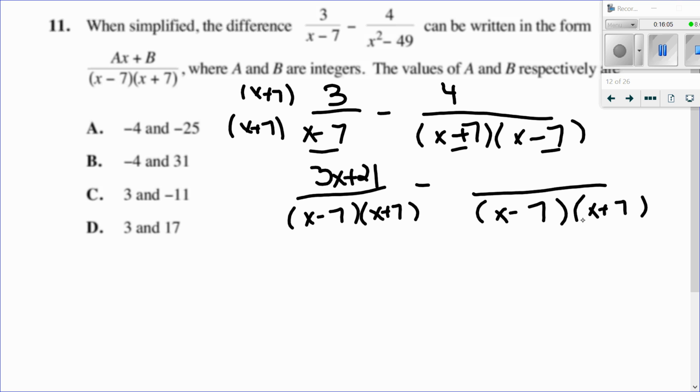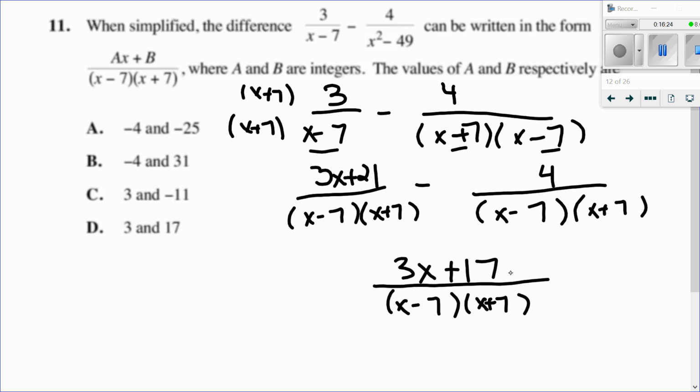The second fraction has the same denominator, so I'm going to keep my numerator the same as 4. So now I can just keep my denominator the same and subtract my numerators. So I have 3x, and then 21 take away 4 is 17.